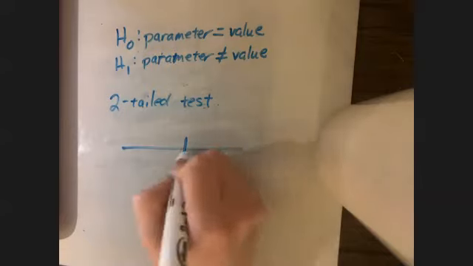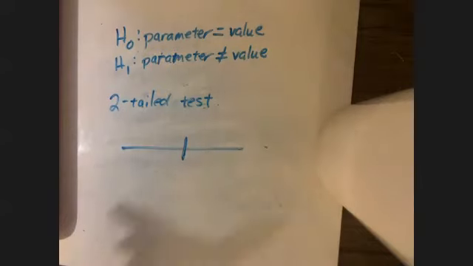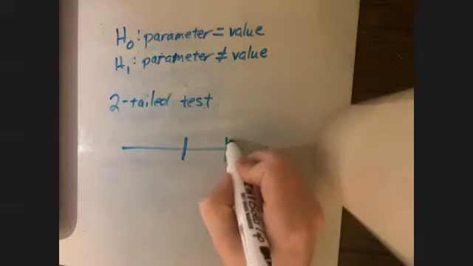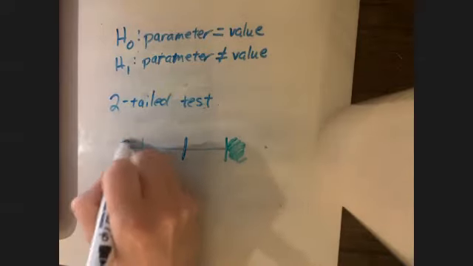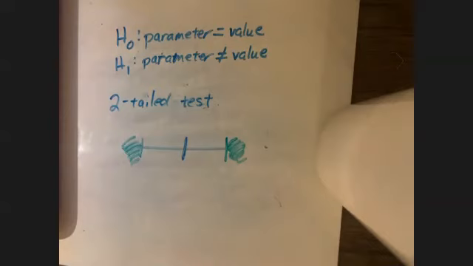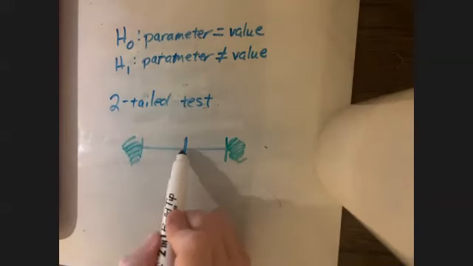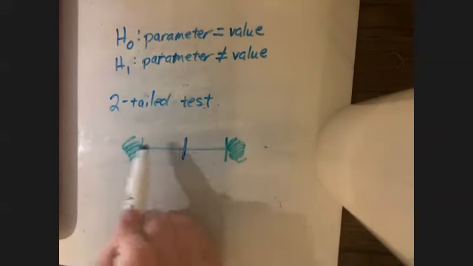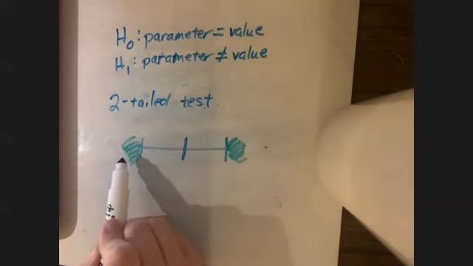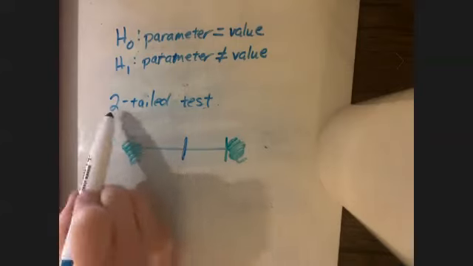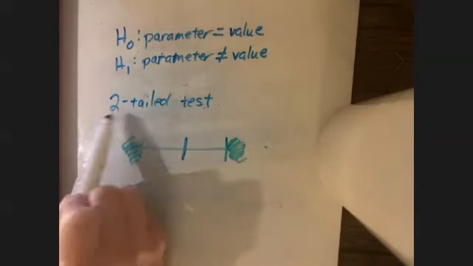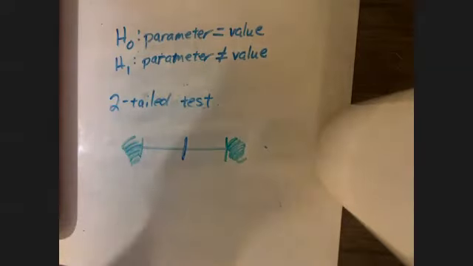Now, if they show me enough evidence to show maybe it's up here or maybe it's down here, then all they have to do is provide enough evidence to show that maybe it's higher or maybe it's lower. It could go either direction. I don't know, and we're not real sure which way it's going to go. So because there's two options, this is called a two-tailed test, okay?